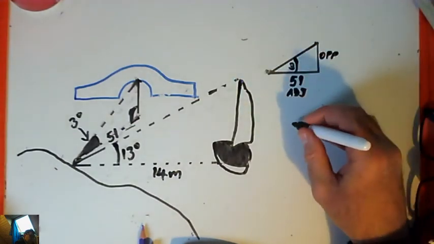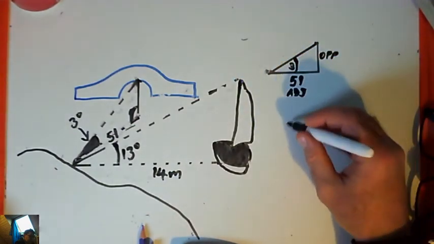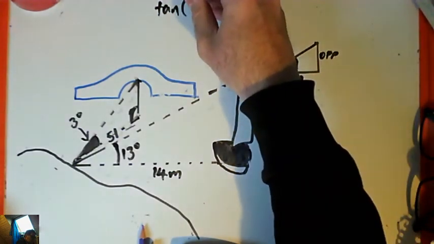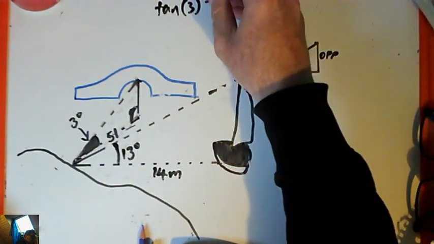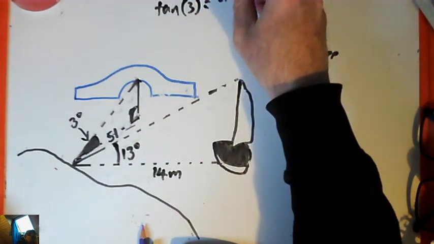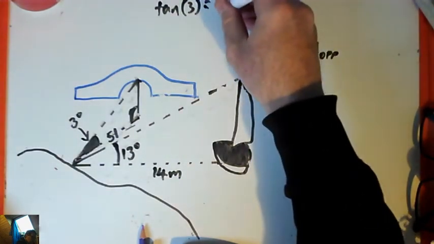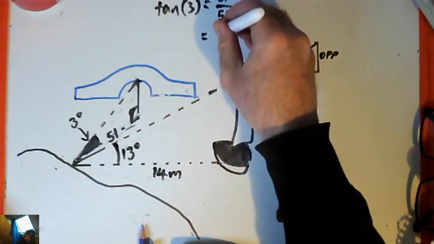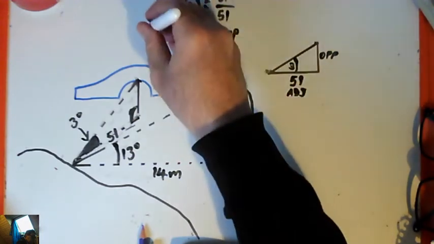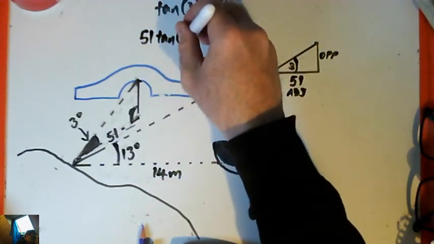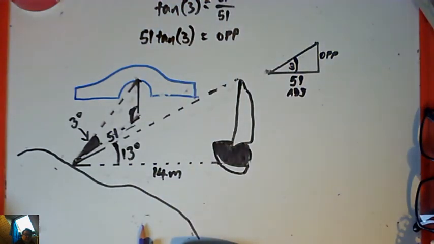So opposite and adjacent, that's tan. So tan of 3 degrees equals opposite over adjacent equals opposite over 51. So the opposite side itself must be 51 times tan of 3.